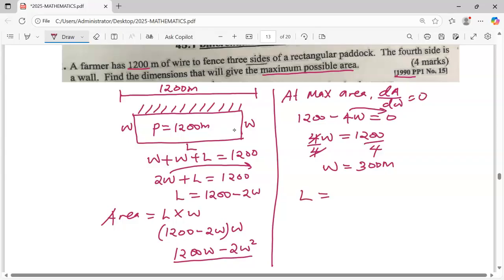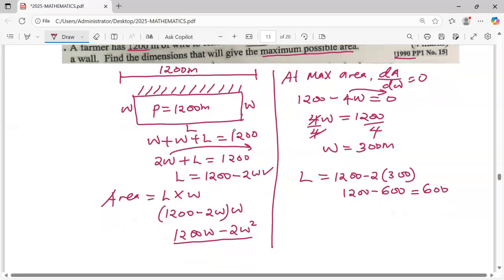The length is going to be obtained from this point where we have 1200 minus twice W, and W is 300. This is going to be 1200 minus 2 times 300, which is 600, giving us 600.